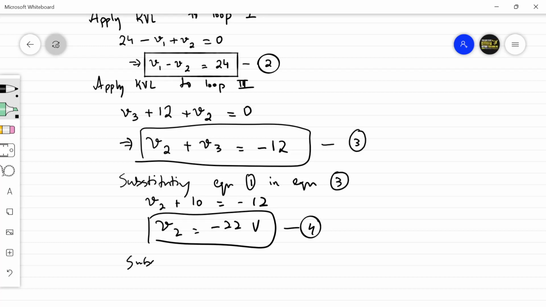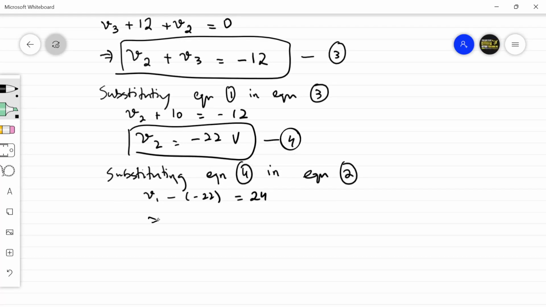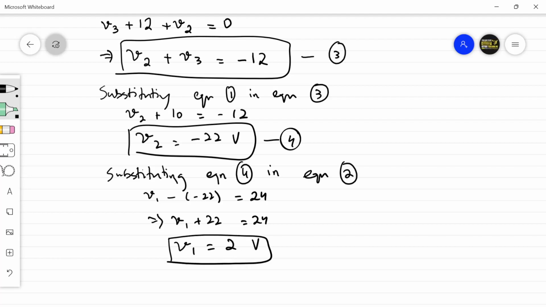Substituting this in equation number 2, V1 minus minus 22 is equal to 24, which implies V1 plus 22 is equal to 24, which implies V1 is equal to 24 minus 22, that is V1 is equal to 2 volts.